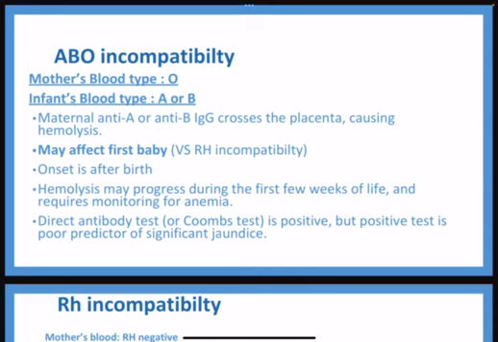So she has no A or B antigen, and the baby is born with blood group A or B, which follows, for example, his dad's blood group, okay? So during pregnancy, there will be what we call feto-maternal hemorrhage. It means passage, for example, of baby RBCs to the mom's circulation.